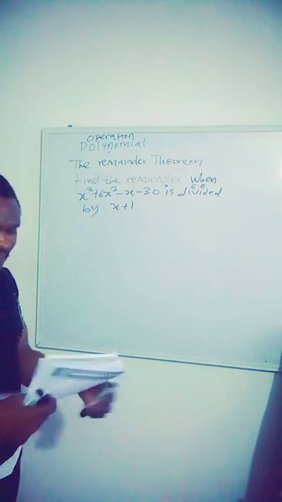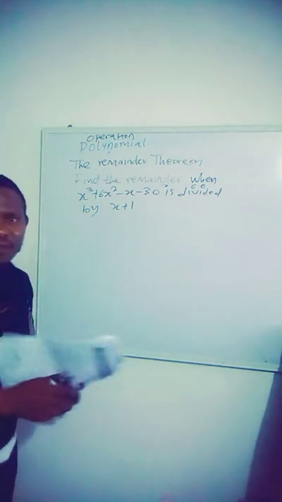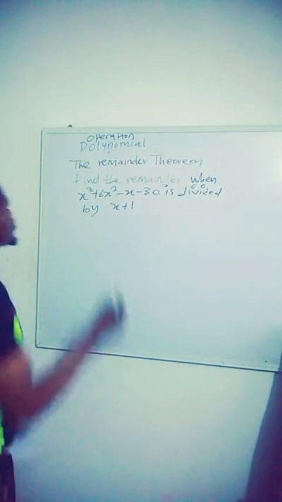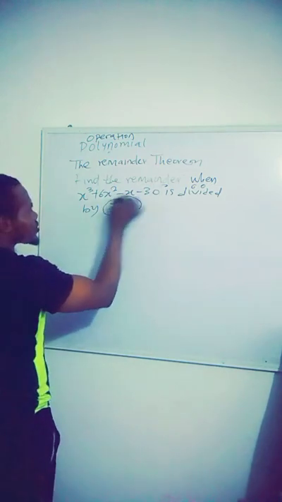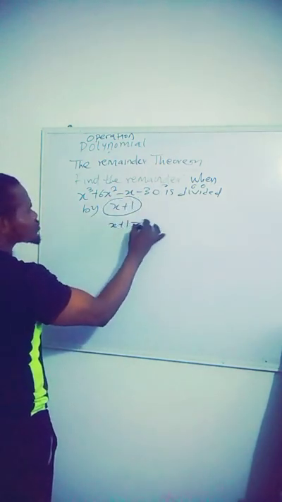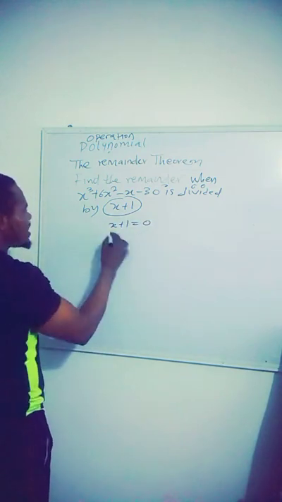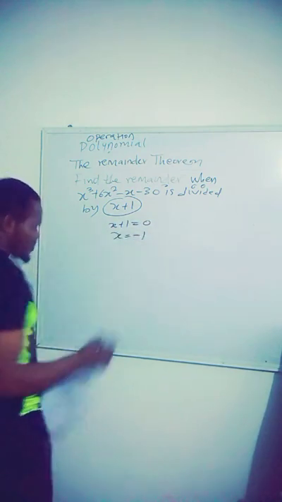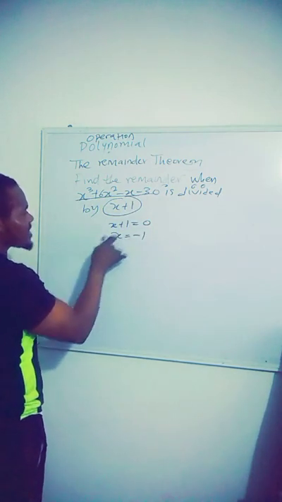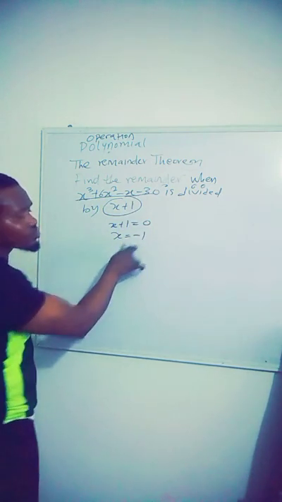So find the remainder. How do you find the remainder from our theory? You equate this factor to 0, which means s plus 1 equals 0. Then s equals minus 1. So in this expression, wherever I see s, I'm going to input minus 1.